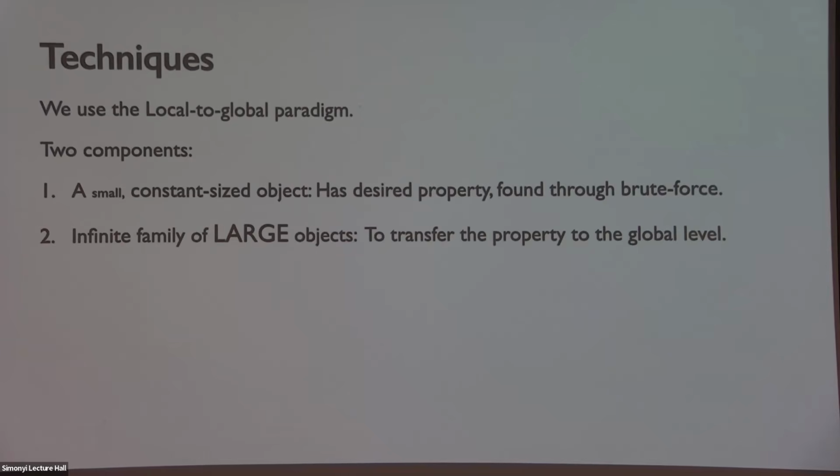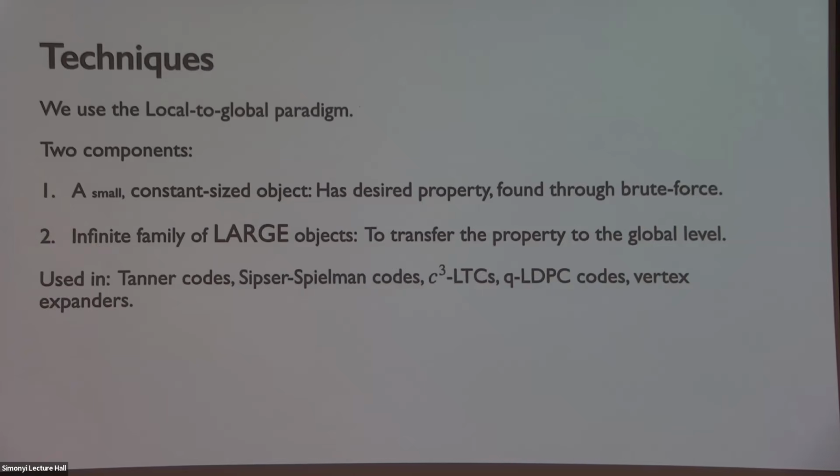And we use it to transfer the property from the local to the global level. Typically, it's going to be expanders. And it's been used in many code constructions, more recently for the c3 LTCs, quantum LDPC codes, and vertex expanders also. And another classical use, which we'll be using actually in our construction, is by Alon-Edmonds-Luby in '95.